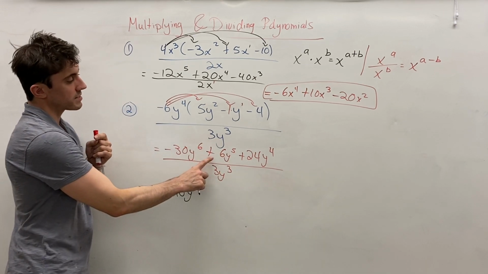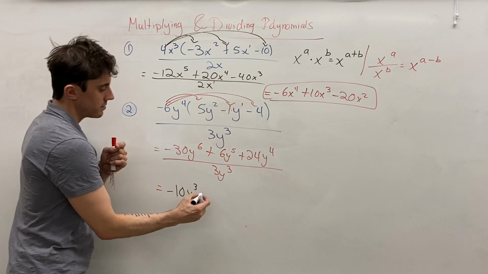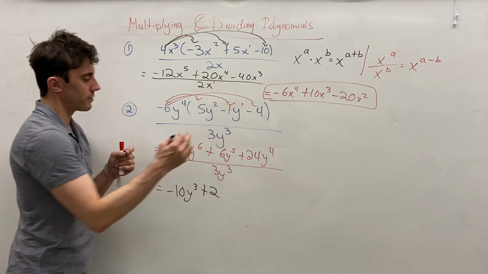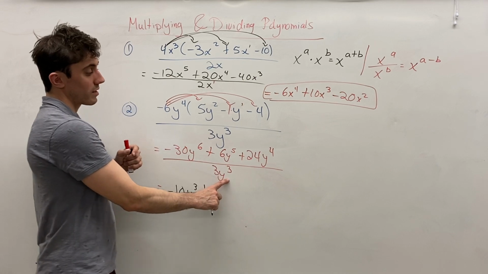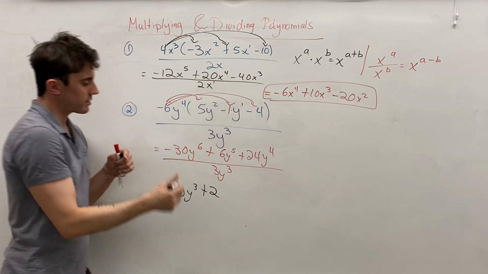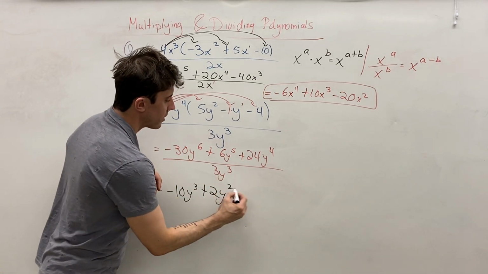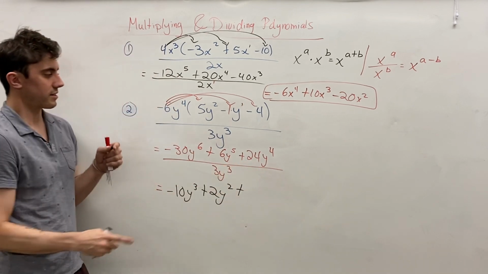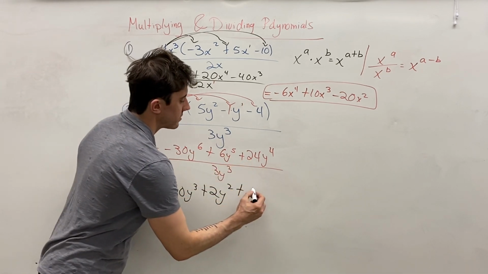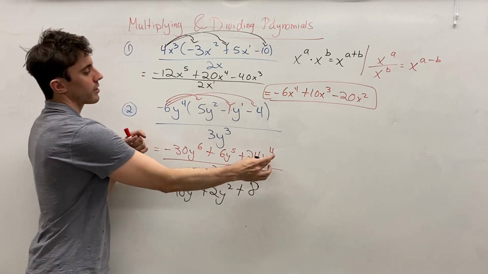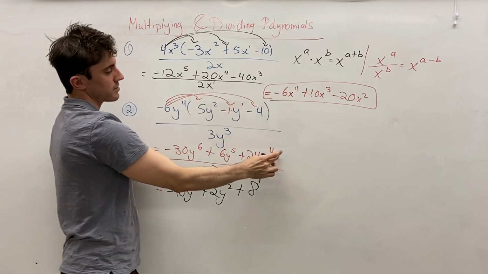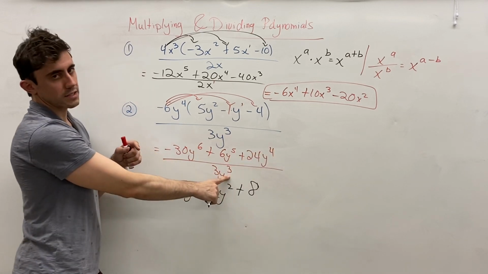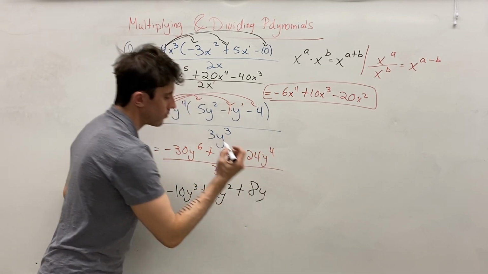Next up we have plus 6 divided by 3 is 2. Both coefficients are positive, and so plus 2. Y to the 5 divided by y to the 3, subtract the exponents, becomes y squared. And finally, 24 divided by 3 is 8. And y to the 4 divided by y to the 3, we subtract the exponents, and so 4 minus 3 gives us a measly y.